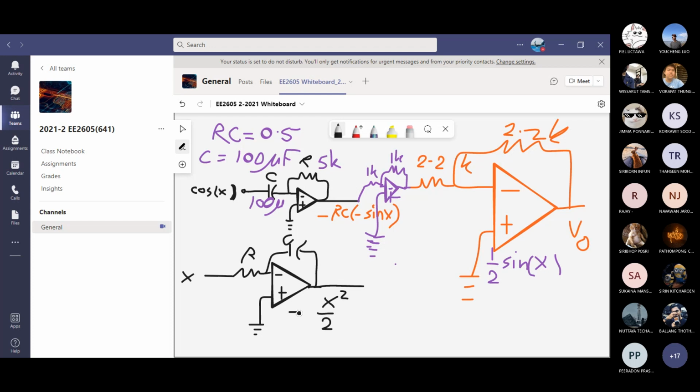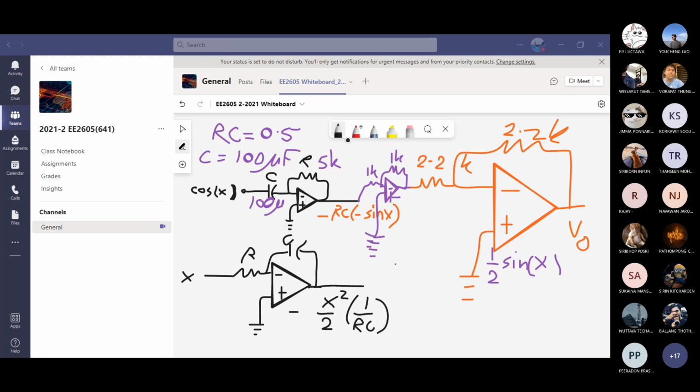And then there's a negative sign, and then you multiply by minus 1 over RC. This one has to be positive 2x squared. So what you get out of here is going to be negative, and then when you pass through the op amp, it will automatically become positive. I don't have to do another additional stage.